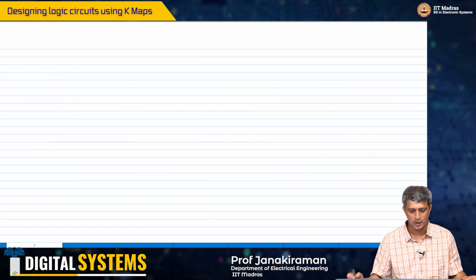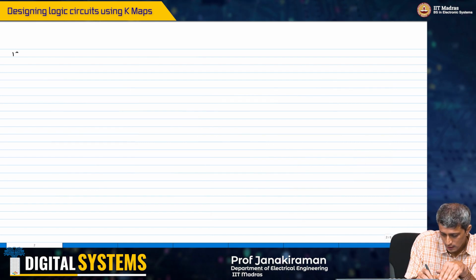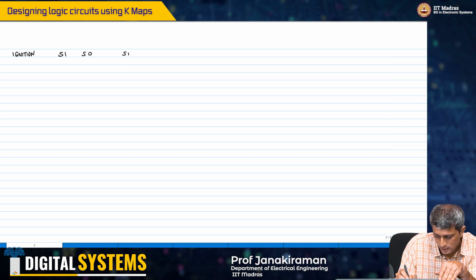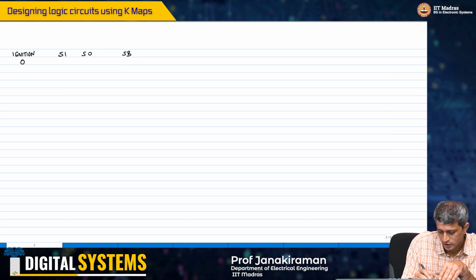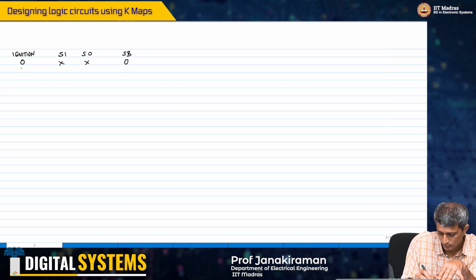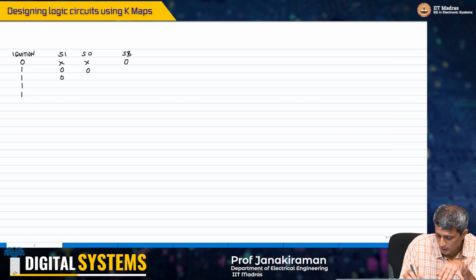So therefore, we can look at this: S1, S0 and seat belt, right? So this is 0, doesn't matter, output is 0, 1, 1, 1, 1, and therefore this is going to be 0, 0, 0, 1, 1, 0, 1, 1.